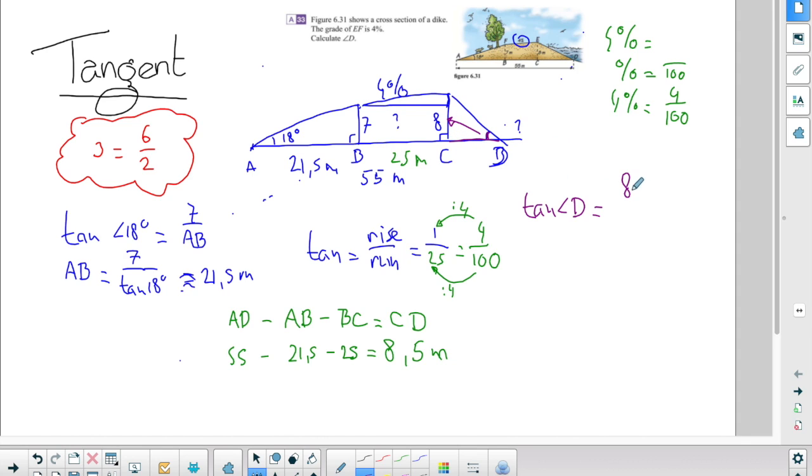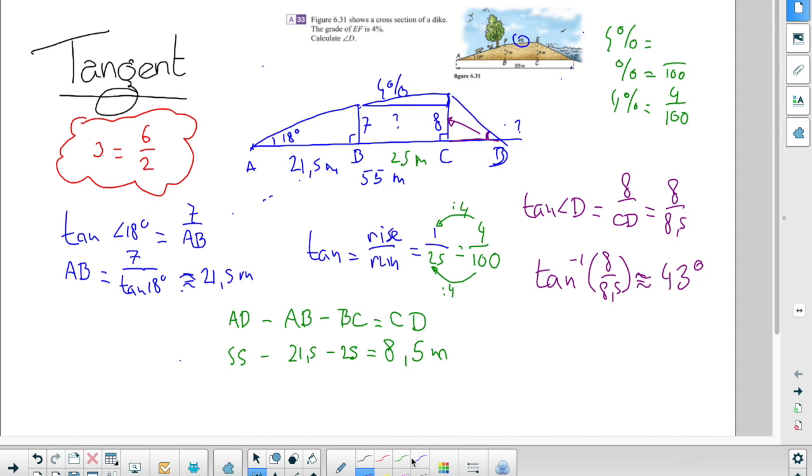So it's 8 divided by CD, but CD I know, it's 8 over 8.5, but I don't know my angle. Well, take the inverse tangent of 8 over 8.5, and I see that my angle is approximately 43 degrees.